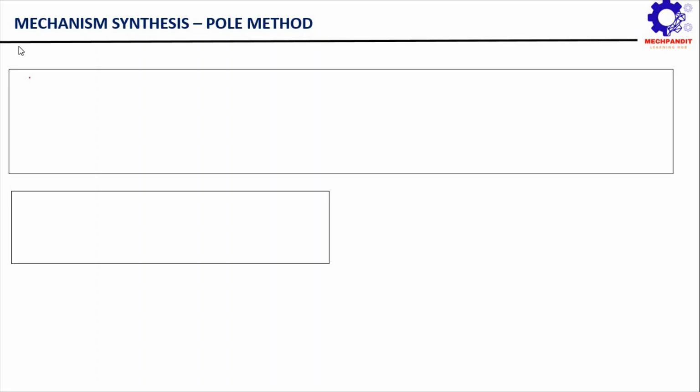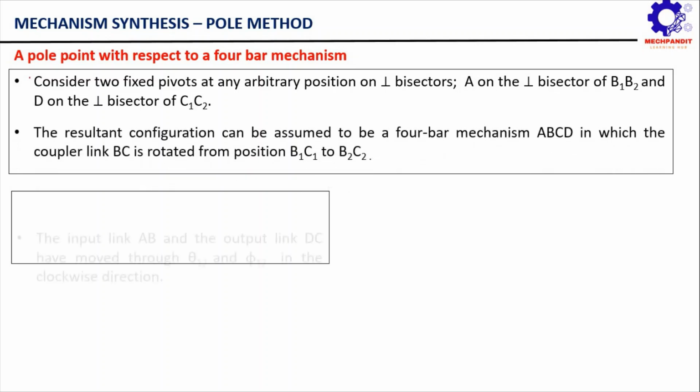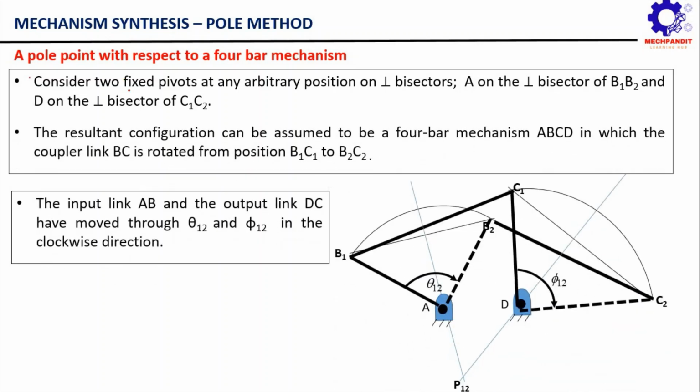Now let us visualize the pole point in context to a 4-bar mechanism. To understand this, let us consider the 4-bar mechanism as shown in the diagram. Here, if you consider the perpendicular bisectors of B1B2 and C1C2, we are simply going to assume any two points A and D on these perpendicular bisectors.